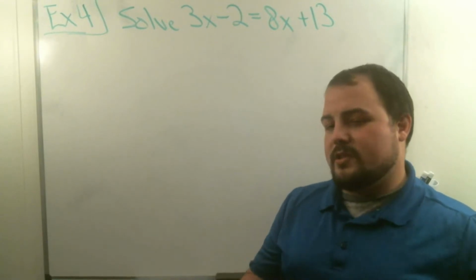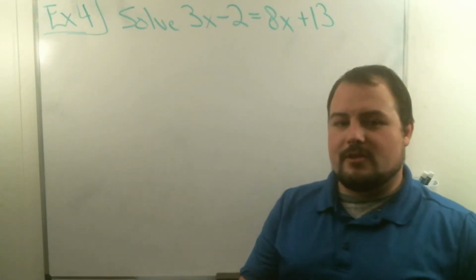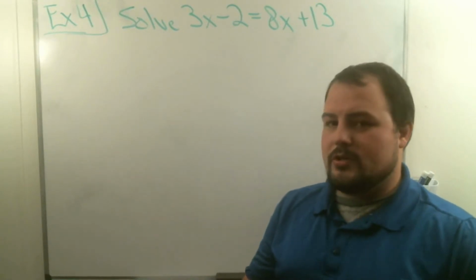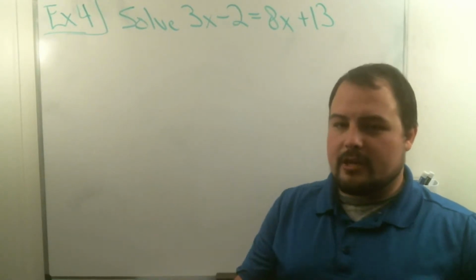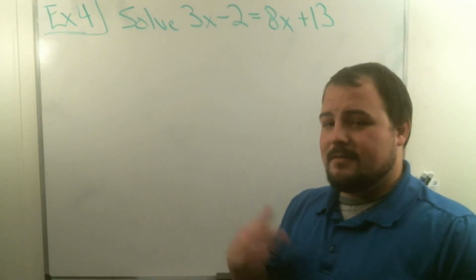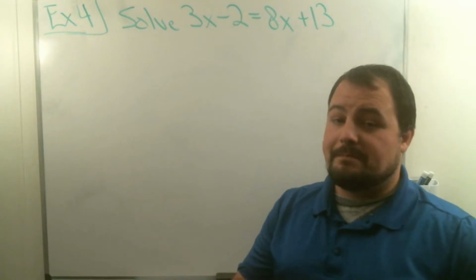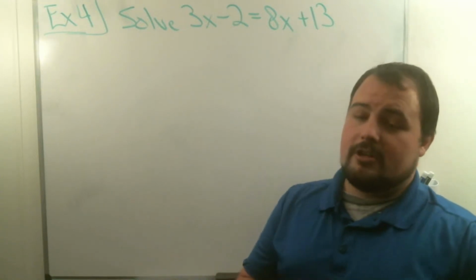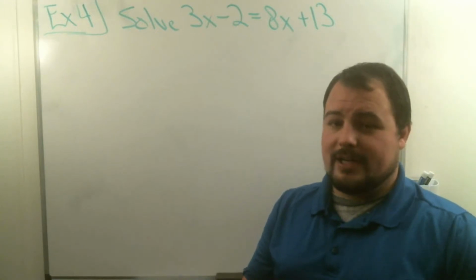Try following those 3 steps that I gave you. First step, get rid of the smaller variable. So look at the board behind me and try to figure out which one of those is the smaller variable. You want to get rid of that variable by adding or subtracting. Next step, get rid of the number on the same side of the variable by either adding or subtracting. And then third step, get rid of the number with the variable by multiplying or dividing.